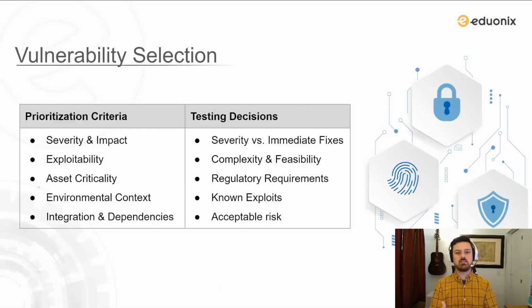So I created a list of criteria that you can use to decide whether a vulnerability is worth testing or not. And I think first, it's important to prioritize your high risk vulnerabilities, right? Because they have the potential to cause the most damage. And you really want to know how easily these can be exploited.